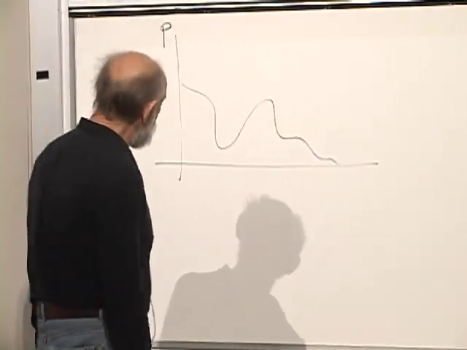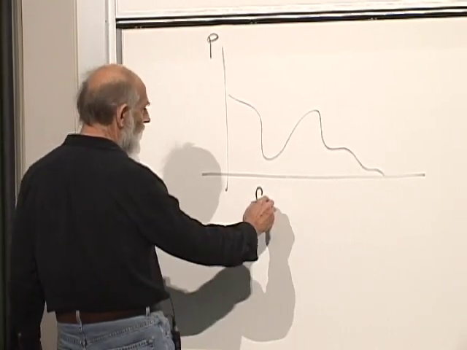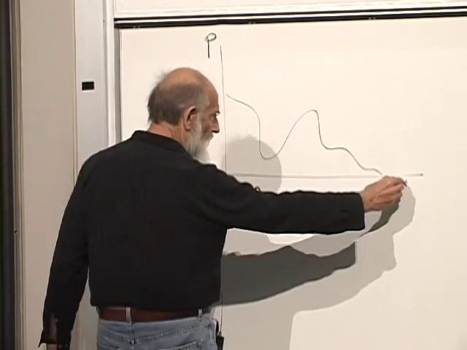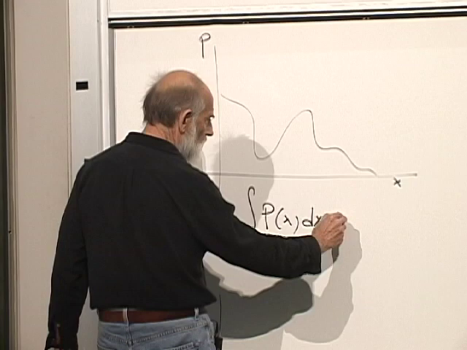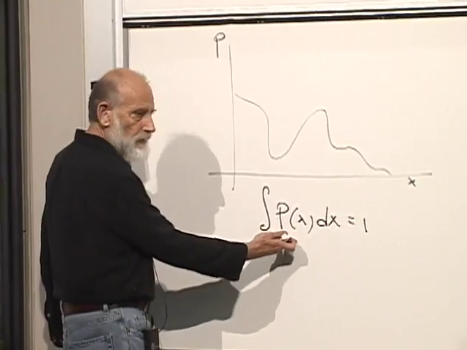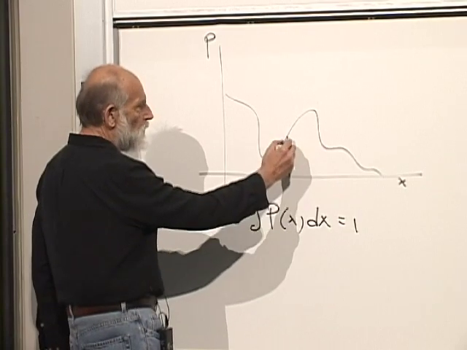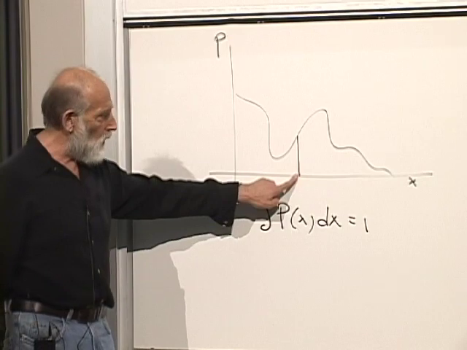The analogous situation for a continuous variable is that the integral of the probability, let's call this variable x, p of x dx is equal to 1. And of course, the way we use a probability distribution is we don't talk about the probability of a specific value of the coordinate.